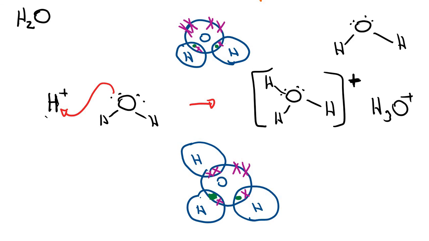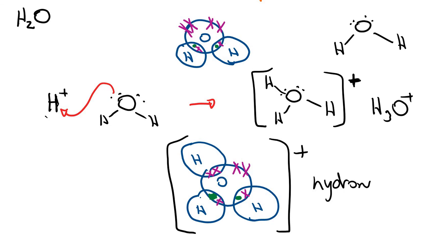As a result of that, because this was a hydrogen ion to begin with, the species is positively charged. And that hydronium ion is actually the source of all acids.